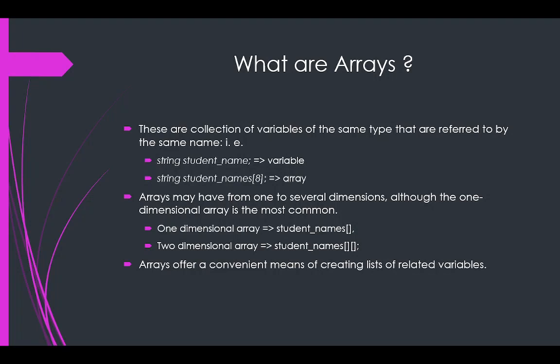It's a collection of variables of the same type that are referred to by the same name in C++, right? So when we are talking about names, for example, if we have a number of students, or lecturers, or maybe a number of cars, and then we have a car name, or student name, or maybe employee name, right? But in this instance we have used student name.